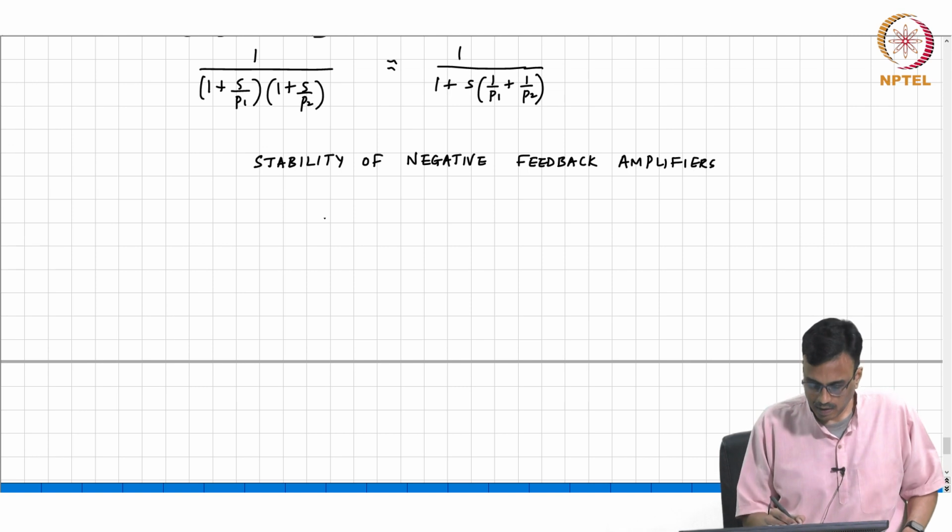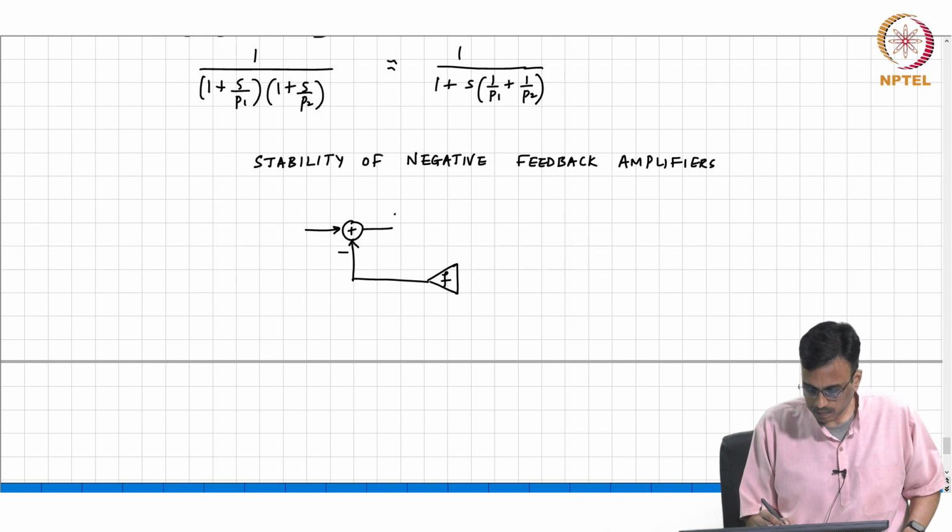Right? And before we start drawing circuits, let's get back to our basic block diagram of the negative feedback loop. We'll do it at the block level.